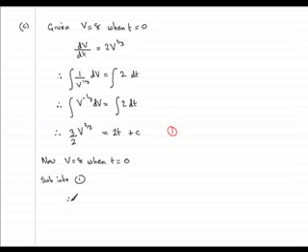We therefore get that 3 upon 2 times 8 for v to the power 2/3 equals 2 times 0, which is clearly going to be 0, plus the constant c.